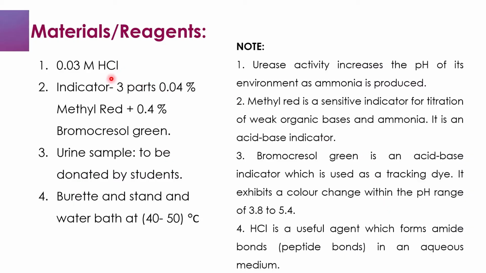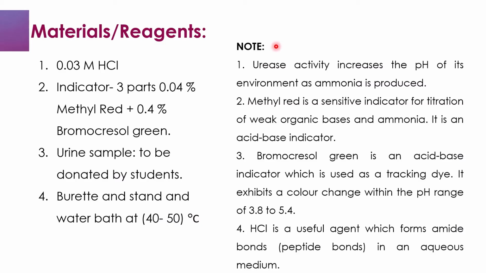We also have the indicator, which comprises 3 parts of 0.04% methyl orange and 1 part of 0.4% bromocresol green. Also a urine sample, which is to be donated by a student, and a burette and stand, and a water bath set between 40 to 50 degrees Celsius.